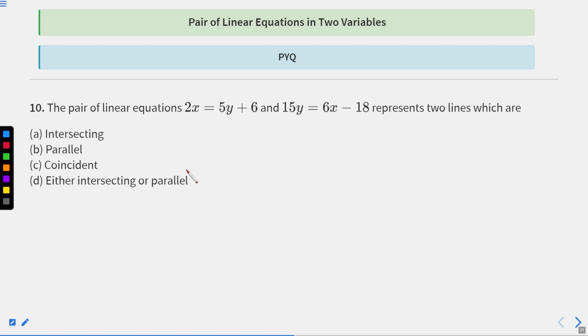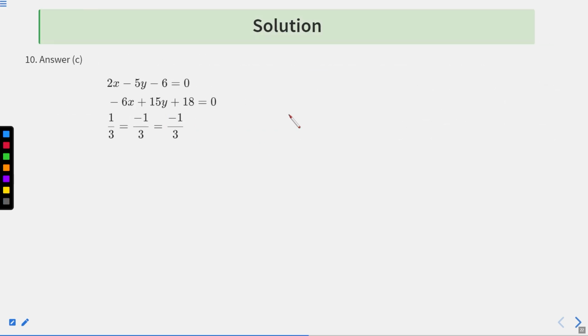Okay, so here we can first rearrange these linear equations. We'll first rearrange them as 2x minus 5y minus 6 is equal to 0, and minus 6x plus 15y plus 18 is equal to 0.